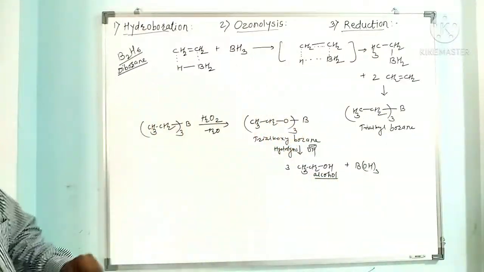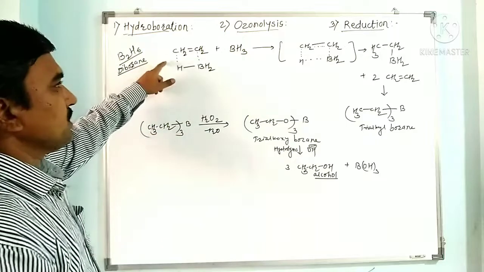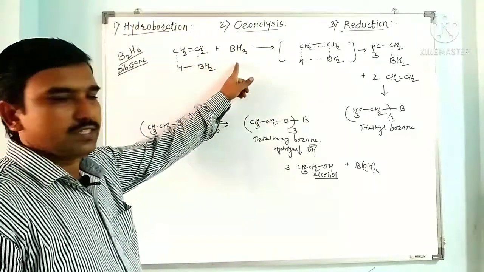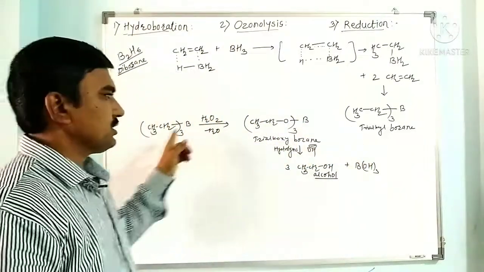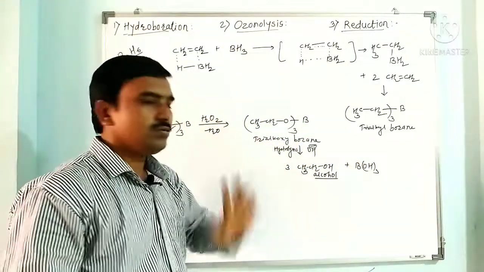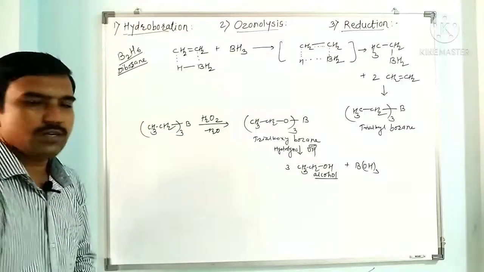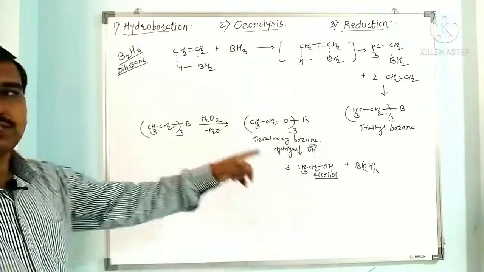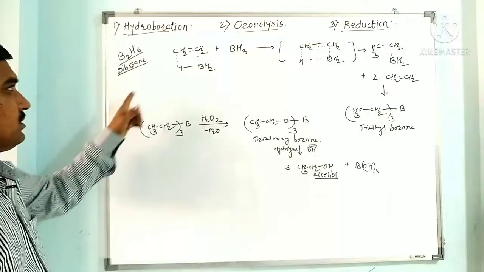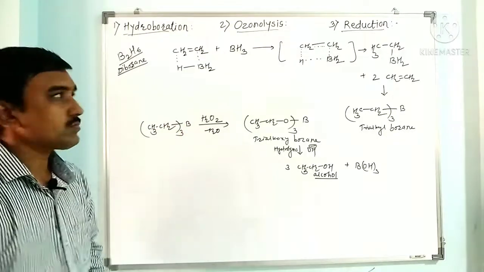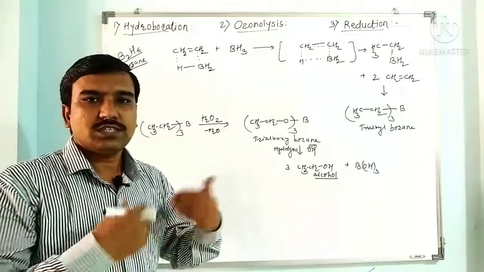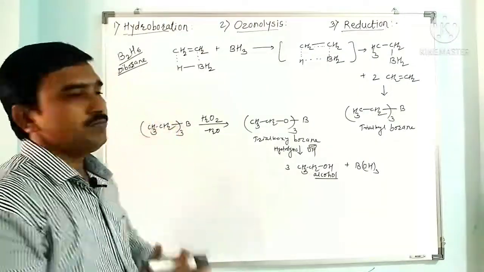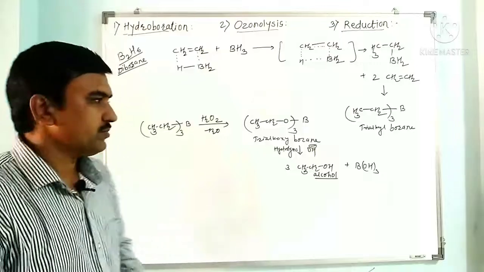So here 3 moles of alkene react with boron hydride, BH3, giving first trialkyl boron. Trialkyl boron is converted to trialkoxyboron, which undergoes hydrolysis and gives alcohol as a product. So in this way, we have seen the simple example of the hydroboration reaction in which alkenes are converted into alcohols with the help of boron hydride.